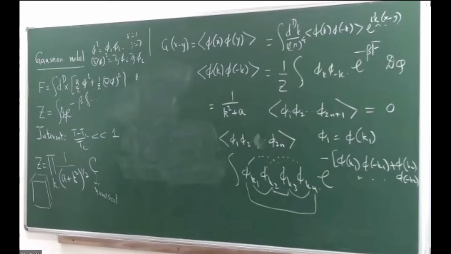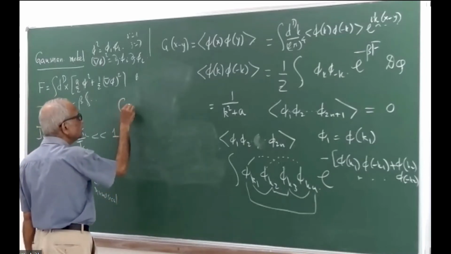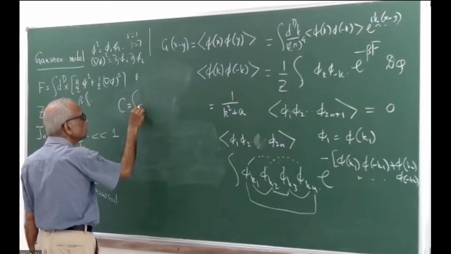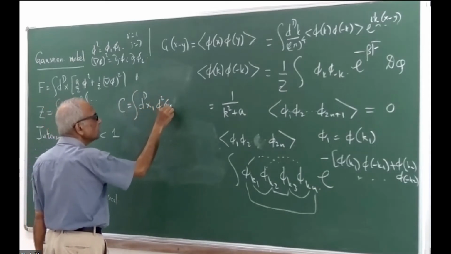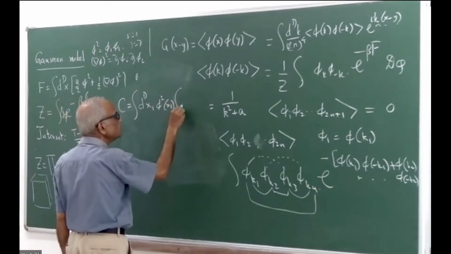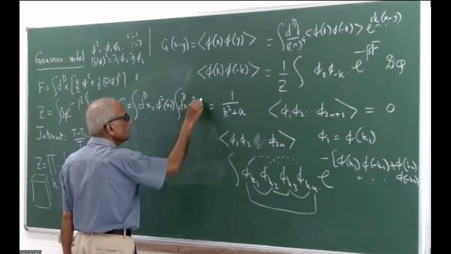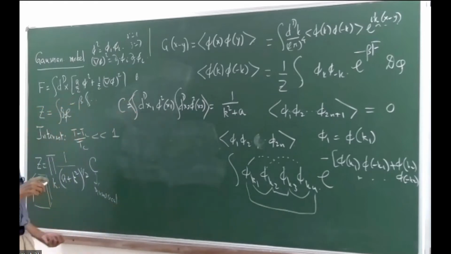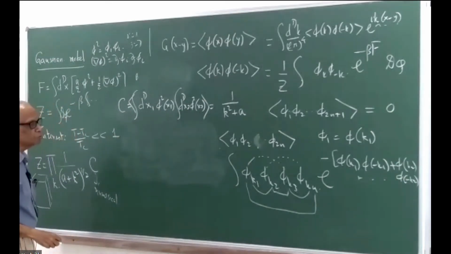When we talked about the specific heat, it was the correlator, the integral ddx1 phi square x1, ddx2 phi square x2, that expectation value. And so we had to get this chap calculated.